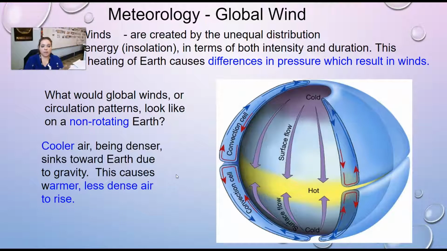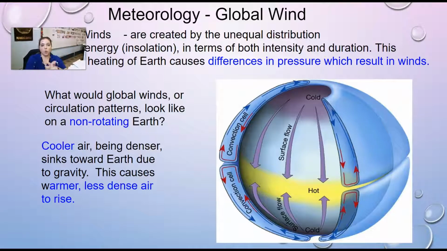Cooler air, being denser, remember, sinks to the earth due to gravity. This causes warmer, less dense air to rise. And then you have that convection cell. That convection is coming in there again. We saw convection when it came to lava. Now we're seeing convection again. We've seen convection in water.